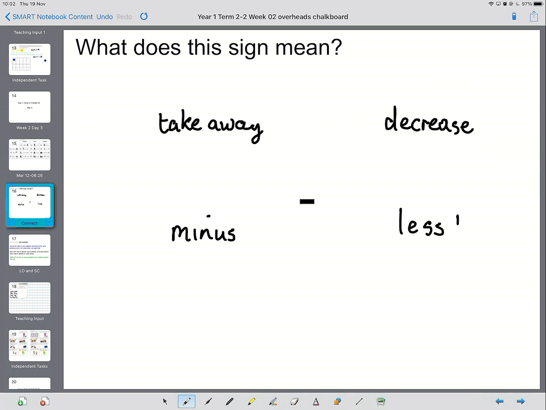You could also put less than, you could have decrease by. And those are the main ones you would use, but there are other words like subtract. And we call this subtraction.